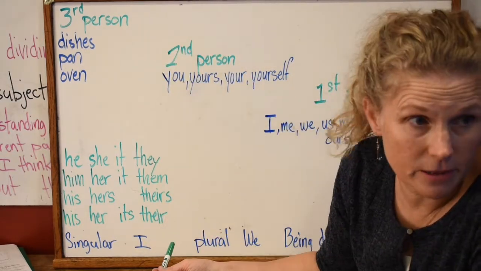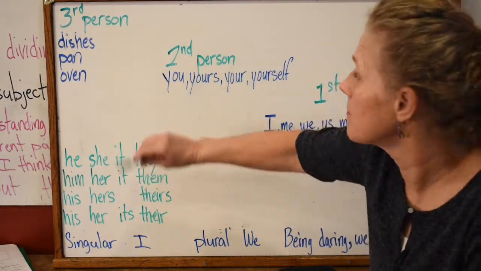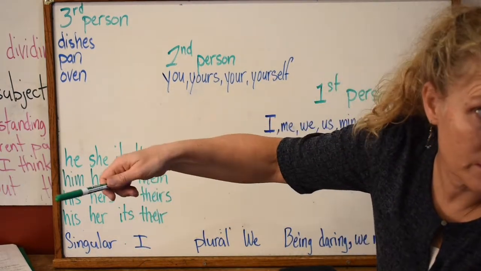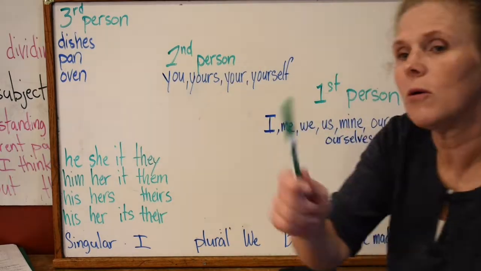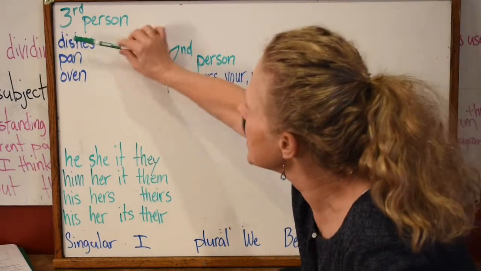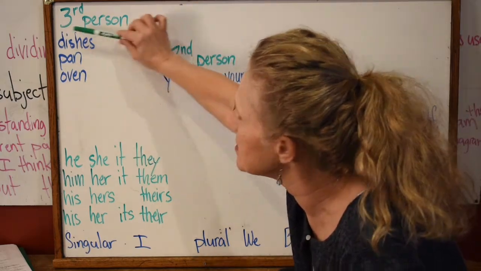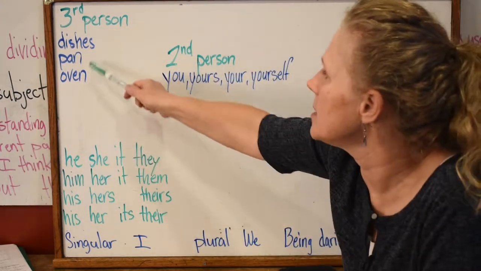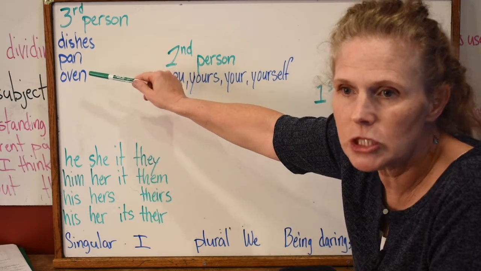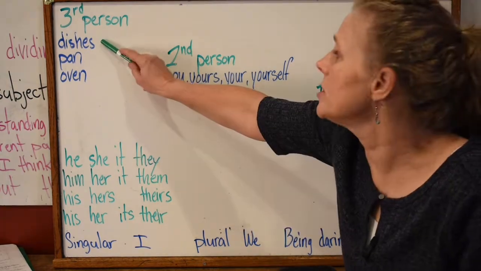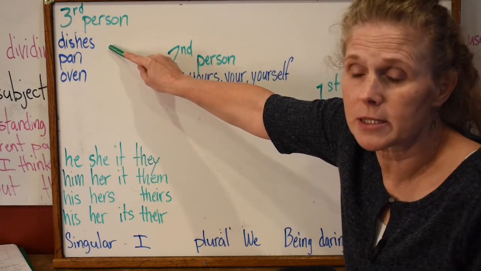The dishes are clean. The pan is clean. The oven is dirty. All right, so these are my subjects. Just because right here I'm saying this is third person, and it's sitting in a subject position, does that mean these only sit in subject positions? No. Put dishes in a different noun position besides the subject position.